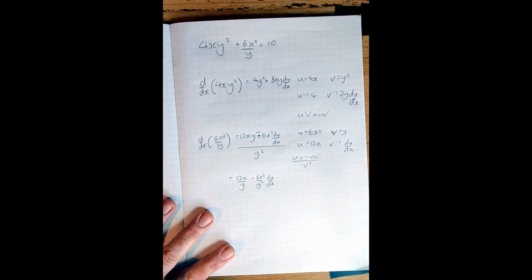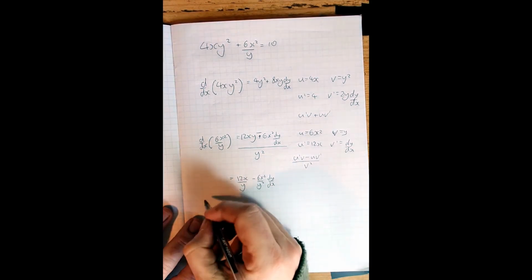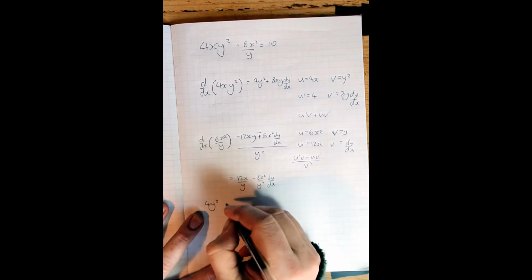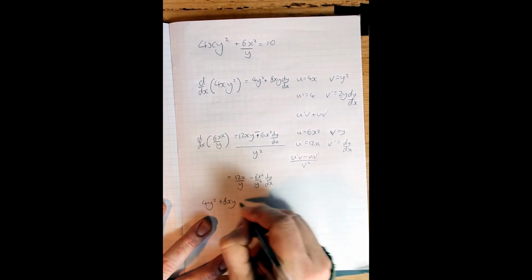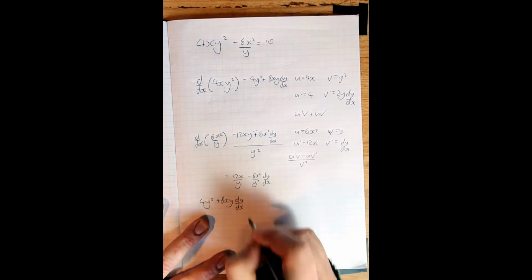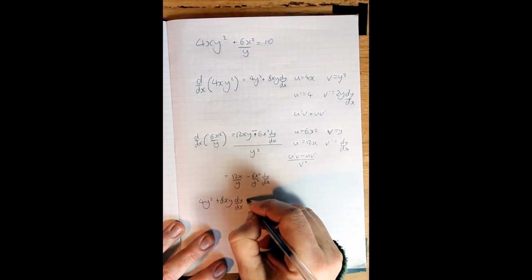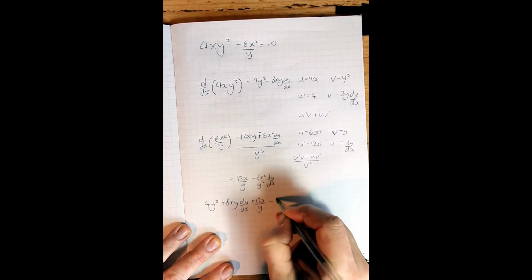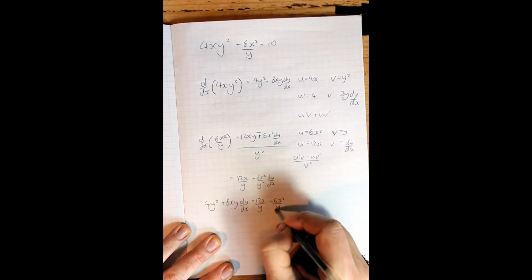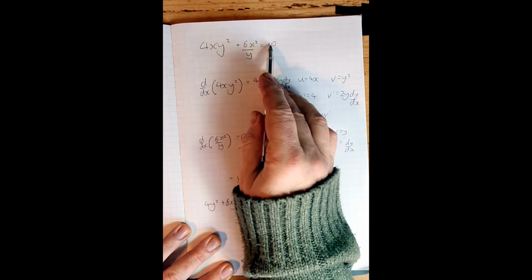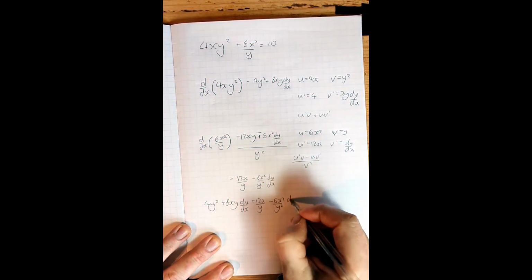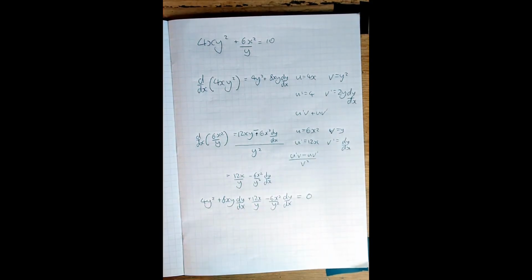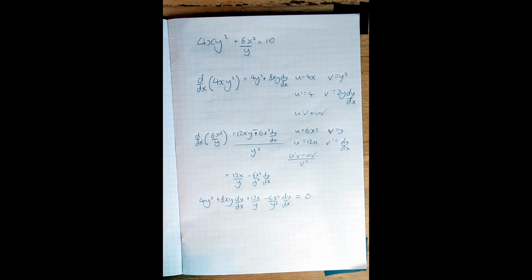So I've got 4y squared plus 8xy dy dx plus 12x over y minus 6x squared over y squared dy dx. The right hand side equal to 10. So of course that differentiates to 0, whether it's with respect to x or not.